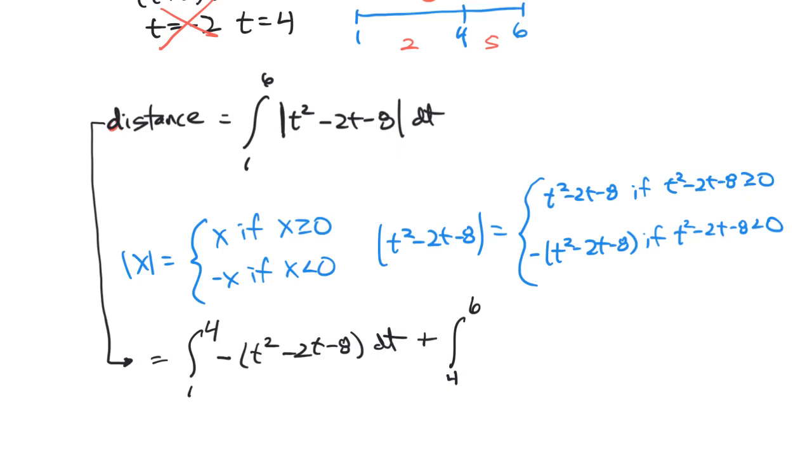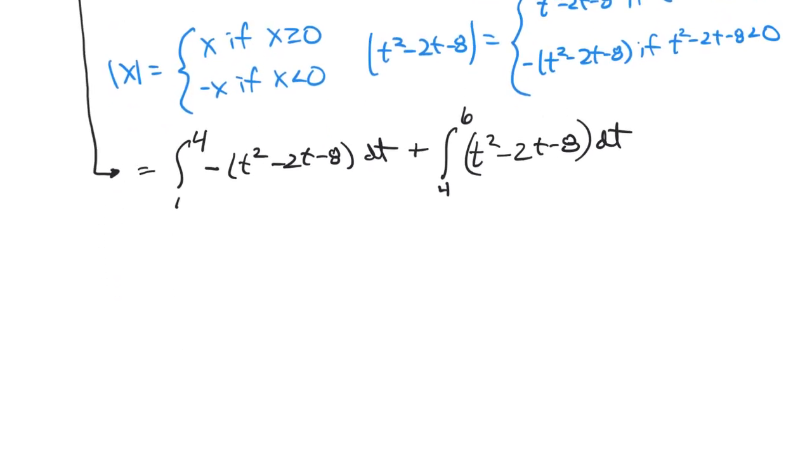And here it's positive, so the absolute value of t squared minus 2t minus 8 is the same as t squared minus 2t minus 8. So see, when they ask you to find the distance, it's more work. We're going to have to break these things up to get rid of the absolute value, because we're never going to integrate absolute value. We're always going to break that up.